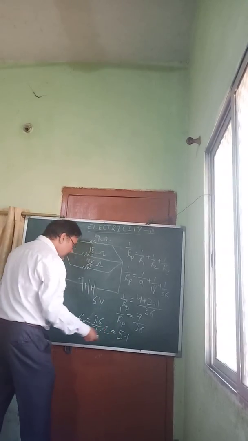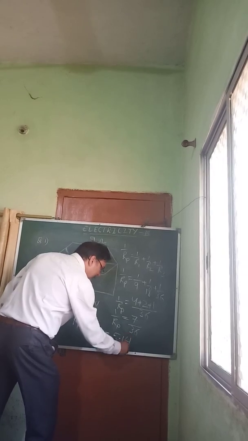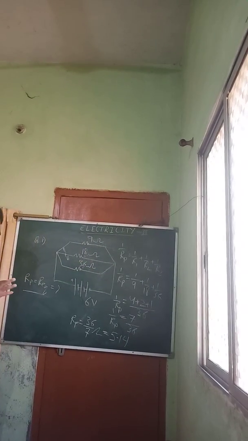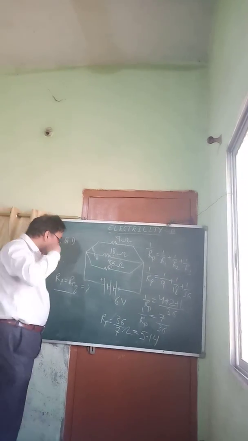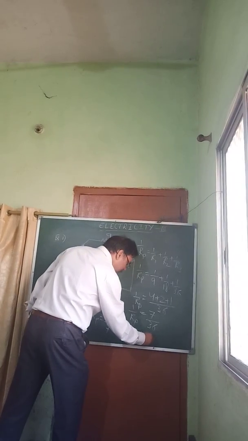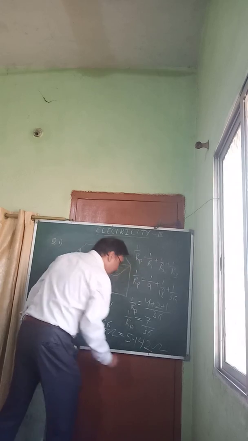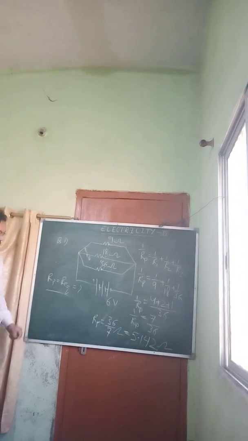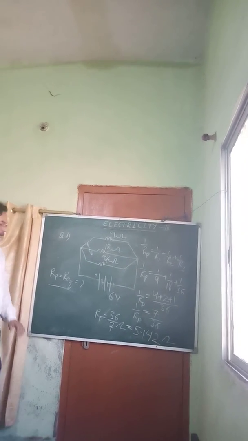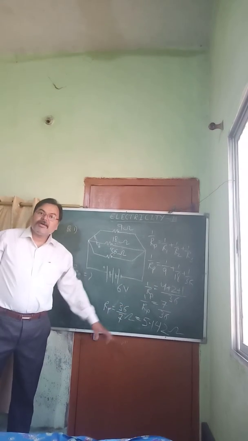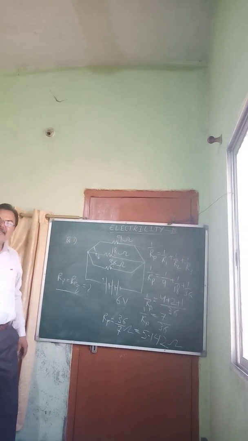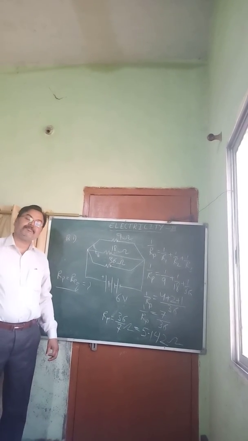You get 0, 30. 7 fours are 28. 2 is left. Again 20. 7 twos are 14. And then we can write ohm. So it is coming around 5.142 ohm. So in this way we can calculate the equivalent resistance in case of parallel combination.